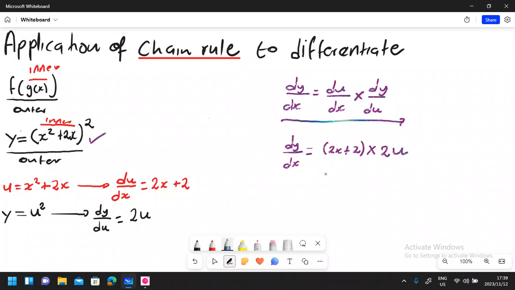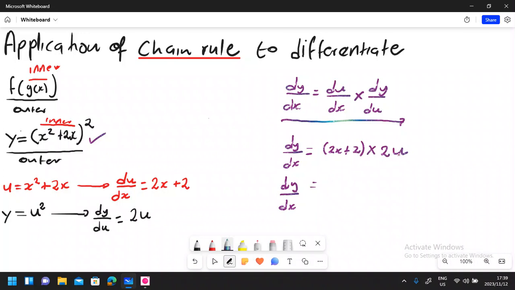Now let's just continue. Remember, you need to change your u and make it what u is. Remember, u is x squared plus 2x. In fact, you can multiply here or you can multiply after. It's really up to you.